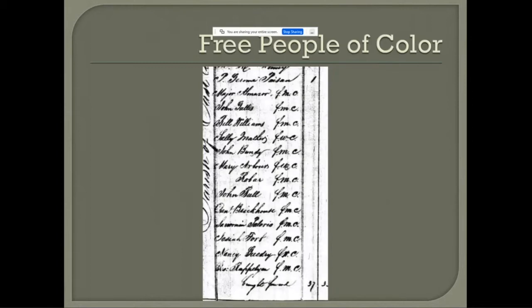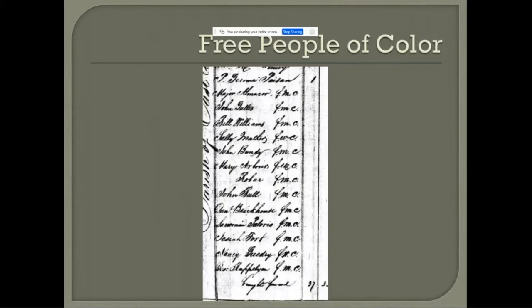FMC, free man of color. So in Baton Rouge, in the 1840 census, they lumped all the free people of color together. FMC, there's an FWC, free woman of color. So the head of household, there's a woman, Sally Mathers.